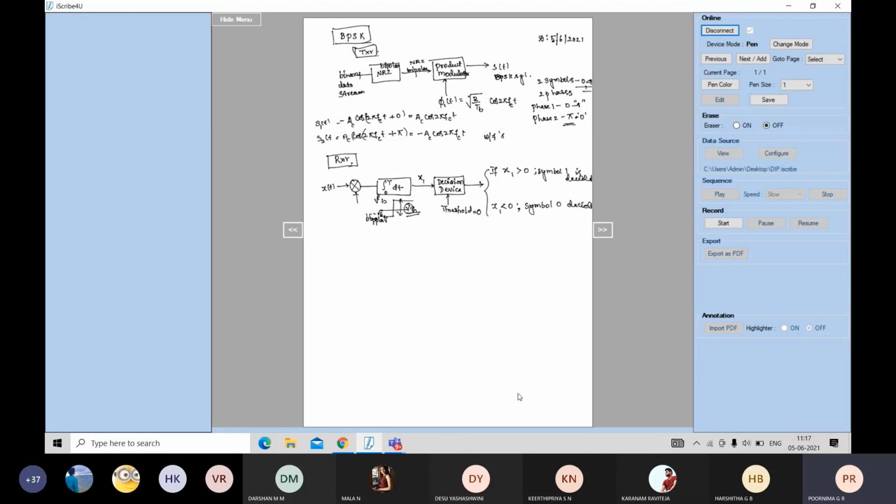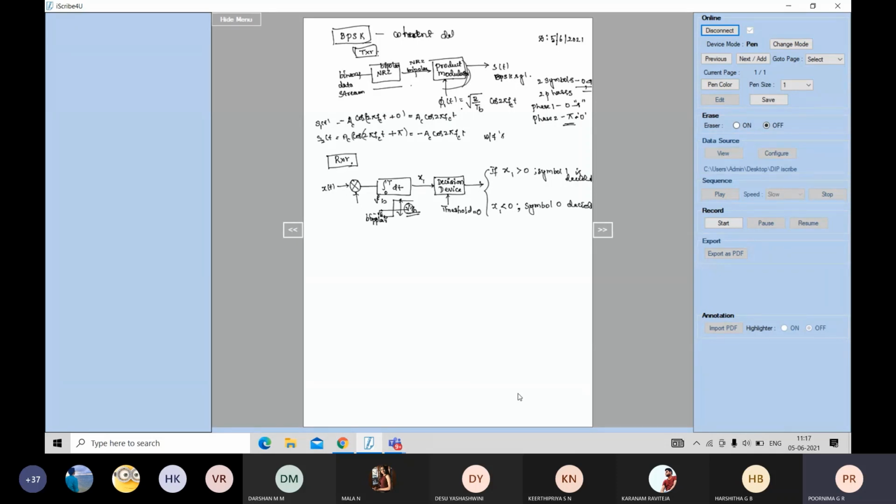So this receiver block will consist of, because at the transmitter, what are the various operations we have applied to the signal? One, we have converted it into non-return to zero, that is encoded, and afterwards into a line coding signal, and then we have multiplied with the basis function. Whenever you go for this BPSK, it is coherent detection.